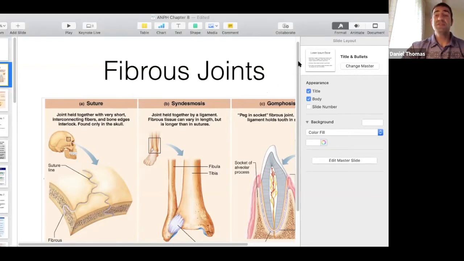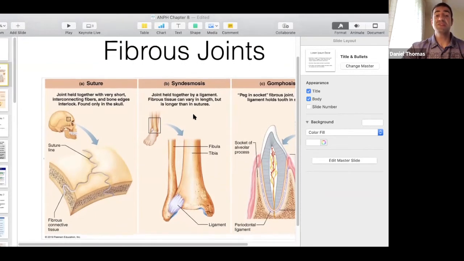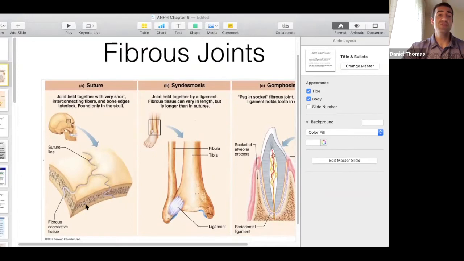So the fibrous joints are called fibrous joints because they're connected by fibrous connective tissue. There's three types. There is a suture joint, and in these there's a very thin layer of fibrous connective tissue. The cranium is a great example because it is connected by plates. And you're probably wondering why.